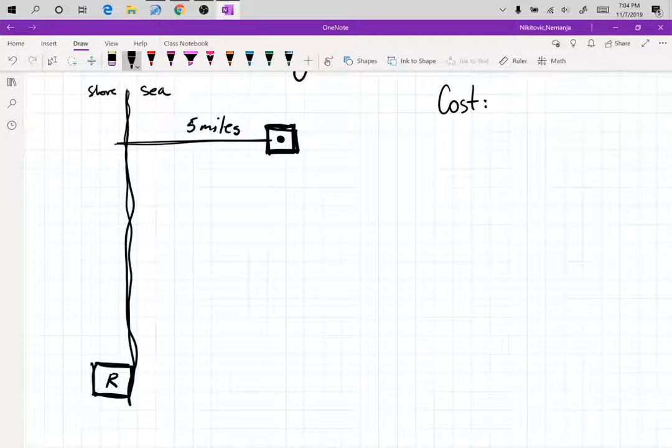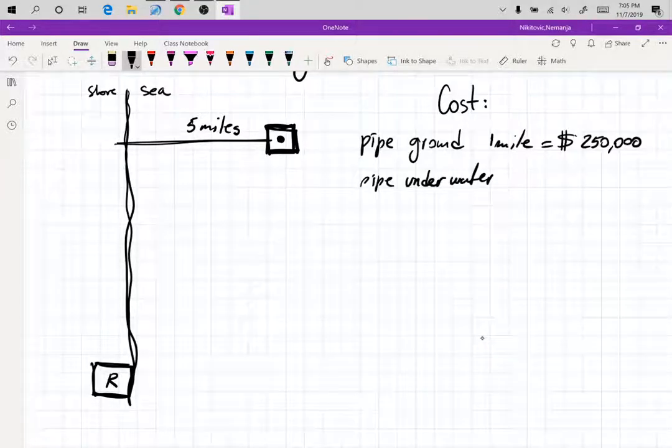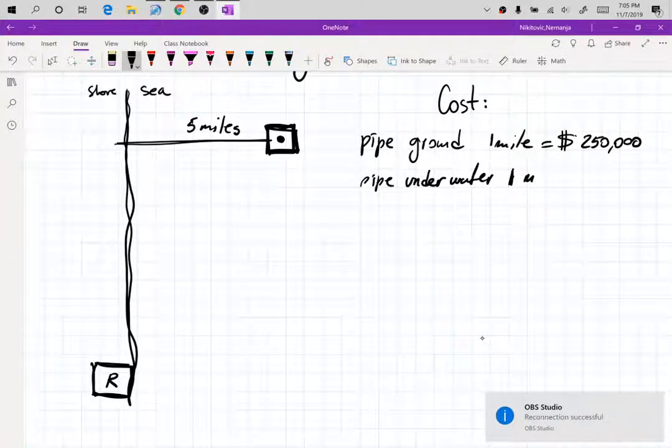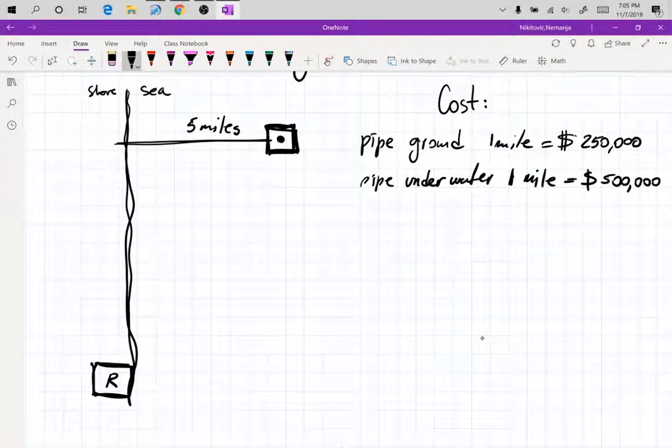So we're going to have a pipe, 1 mile, let's say $500,000. I really don't know, I'm just going to put whatever, just for the math problem.